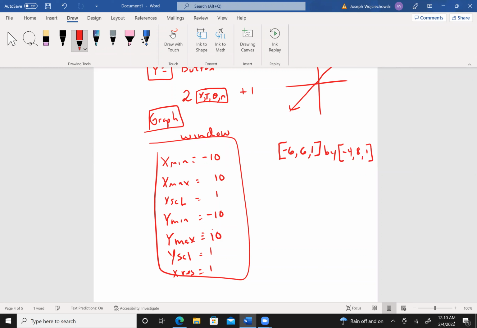What this does, this is your X min, this is your X max, this is your scale, this is your Y min, this is your Y max, and this is your scale. This is going to limit the window. The X values will only be from negative 6 to 6, and the Y values will be from negative 4 to 8.